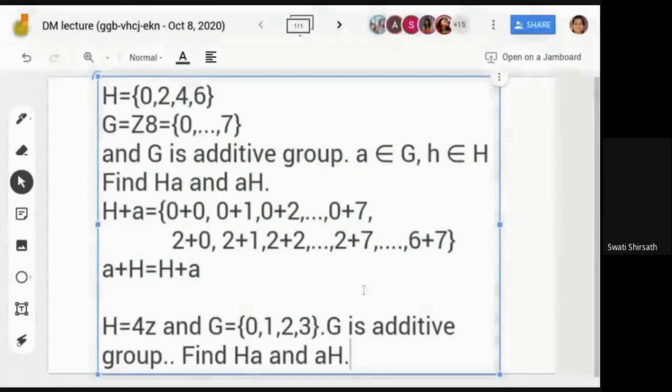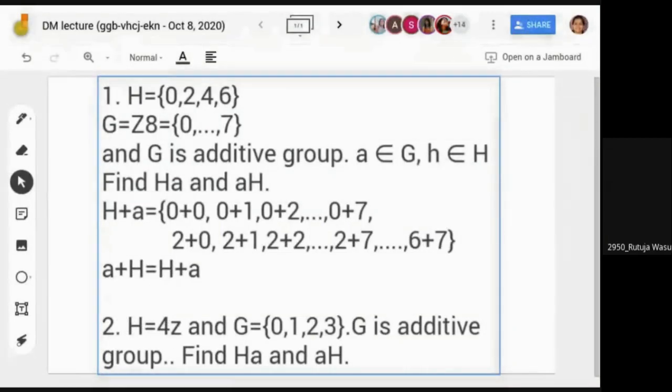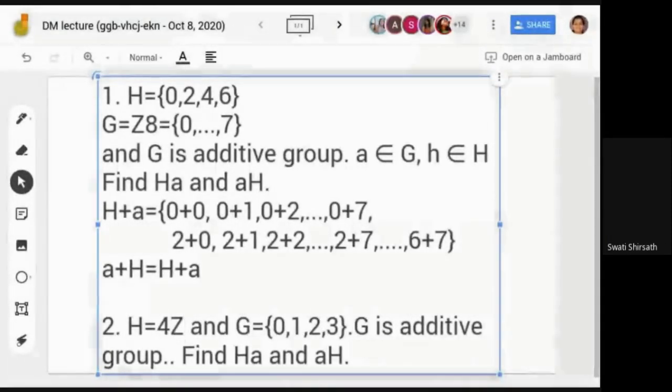Is there any doubt, girls? Ma'am, what is 4Z here? Z is the set of integers. Capital Z, capital R, you have to take the standard definitions of them. They are always the set of integers, set of real numbers, set of natural numbers, whole numbers.